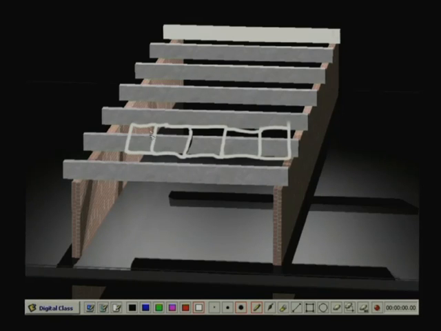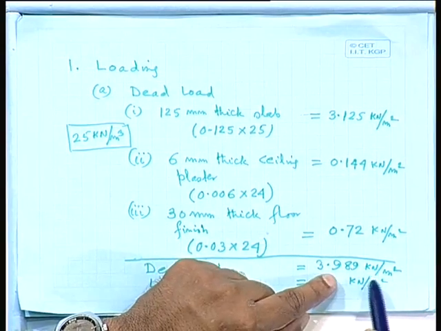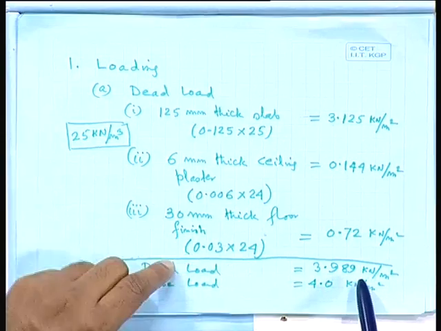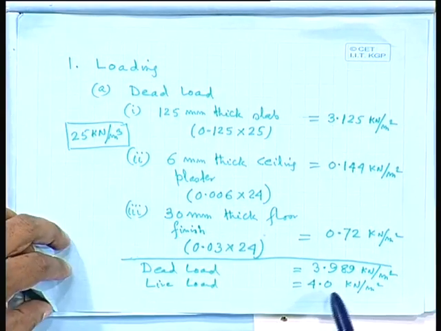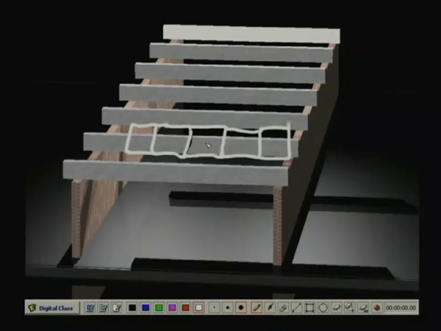So, we can get the load 3.989 kilonewton per square meter for dead load, and for live load 4 kilonewton per square meter, which you are getting within this area.